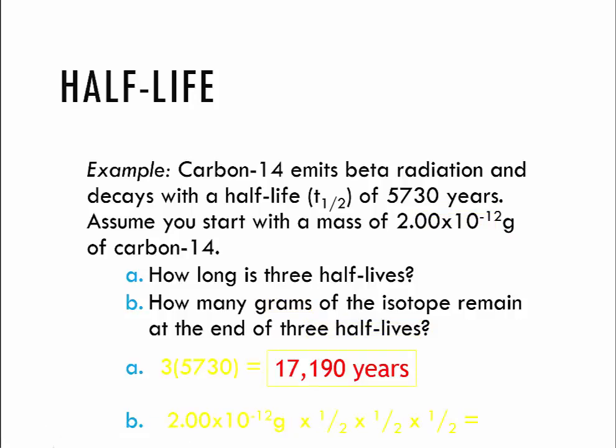We could take this 2.00 times 10 to the negative 12 and multiply it by a half, multiply it by a half, multiply it by a half. So here's 1 half-life, 2 half-lives, 3 half-lives. Type that into our calculator and it's going to spit out a nice tiny number. We're going to end up with about 2.5 times 10 to the negative 13 grams of that substance after 17,000 years.